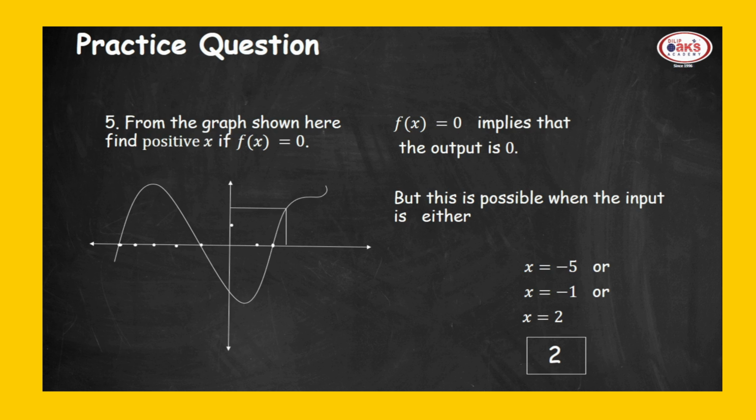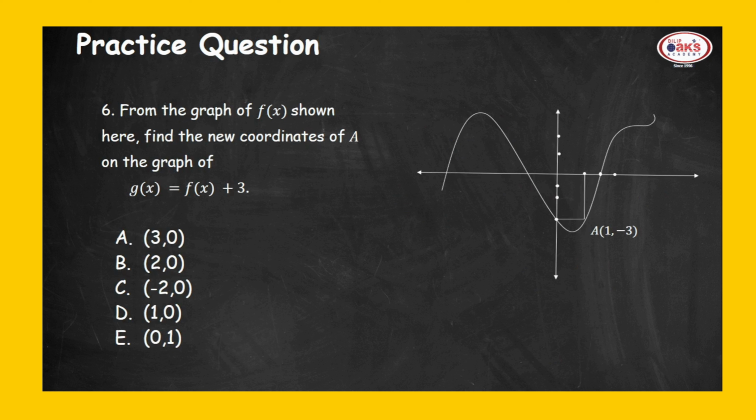Yes, now comes the last question in this video. There is a graph of f of x shown and they want us to find the new coordinates of point A on the graph of g of x, which is defined as f of x plus 3.